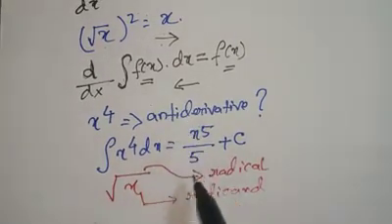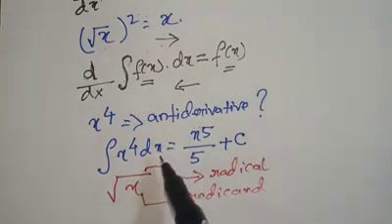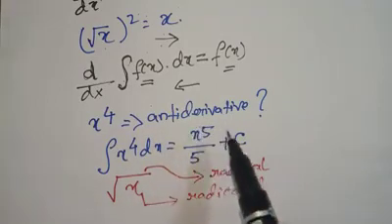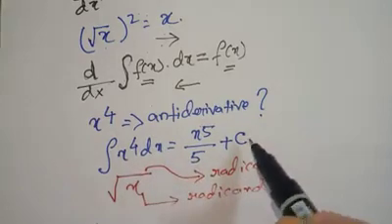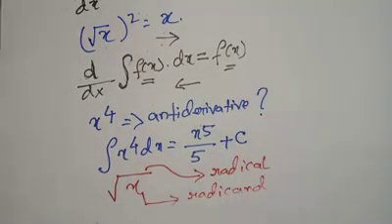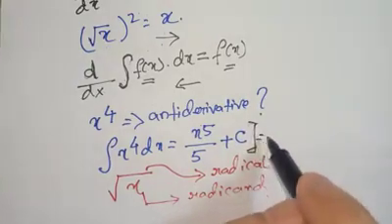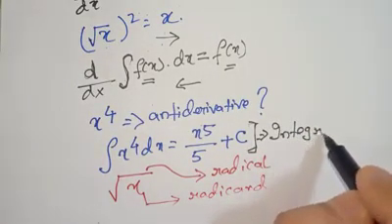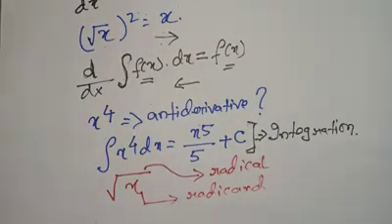This is an example just to find out the antiderivative. Whatever goes inside is the radicand, and this particular operation is called integration. This one, x to the power 4 dx, is called integration. Sometimes it is also called evaluation, a different way, but the most common term is integration.